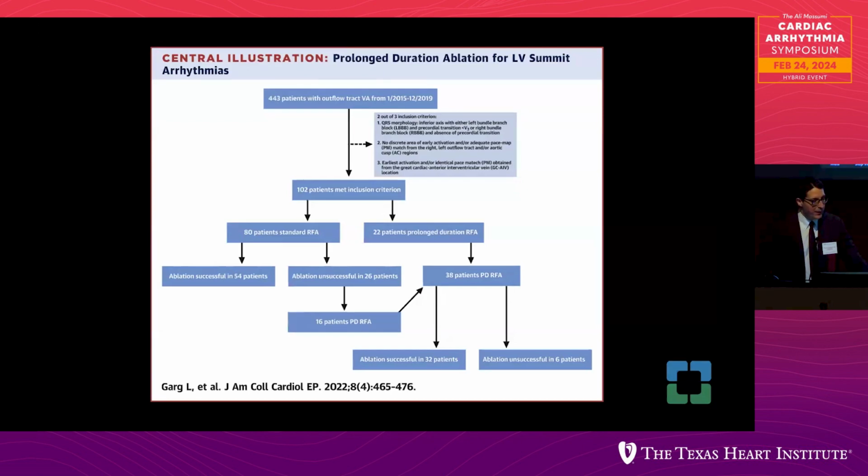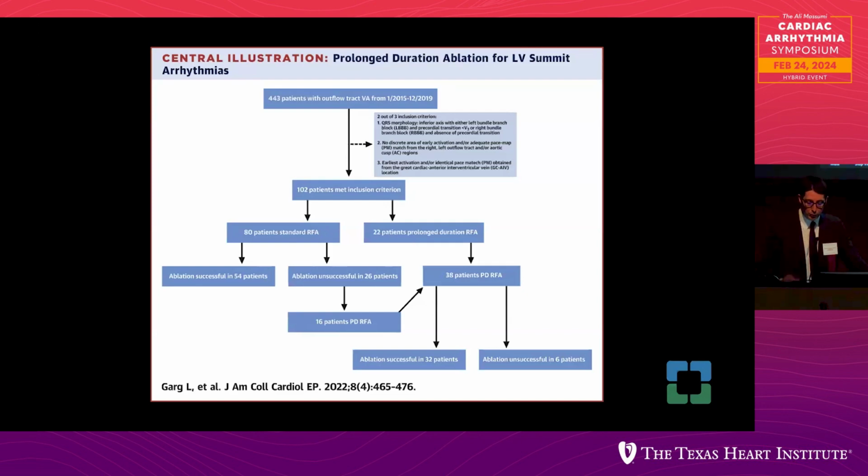So prolonged RF may work. This was a series, put together by my colleague Sanjay Dixit from Penn, when they looked at 443 patients for PVC ablation. And it seemed like when you failed at 60 seconds of radiofrequency in one specific location, so you have a late suppression, let's say at 30 to 40 seconds, and you prolong to 60 seconds, and then you stop, patients tend to come back more often with PVCs in the waiting phase.